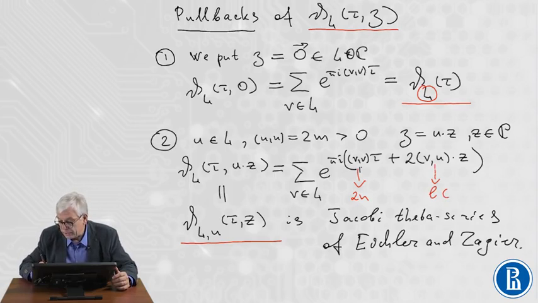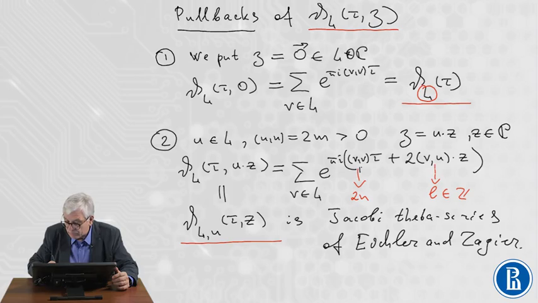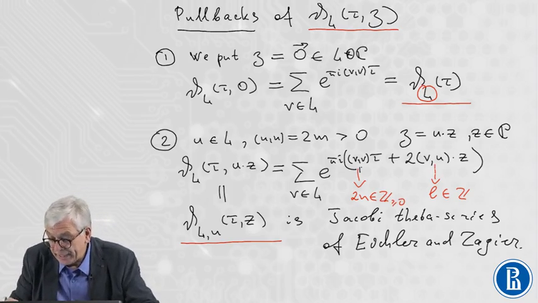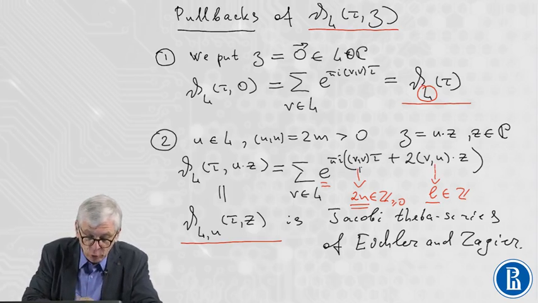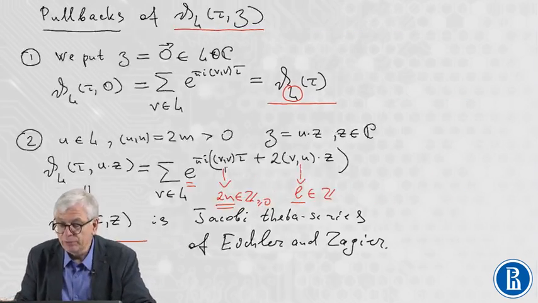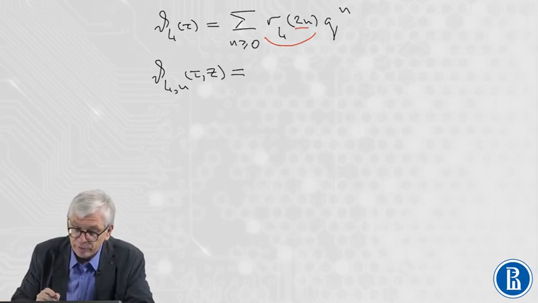It will be an integer. And we can collect the exponential functions with the same 2n and l. We get the following Fourier expansion for the theta function.